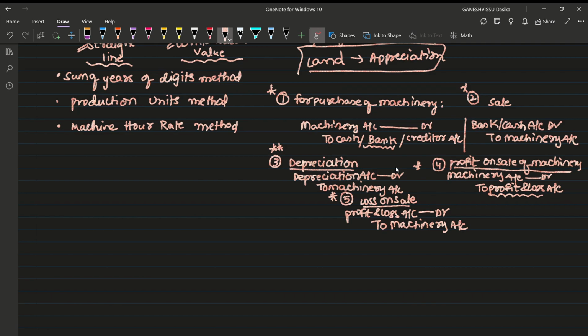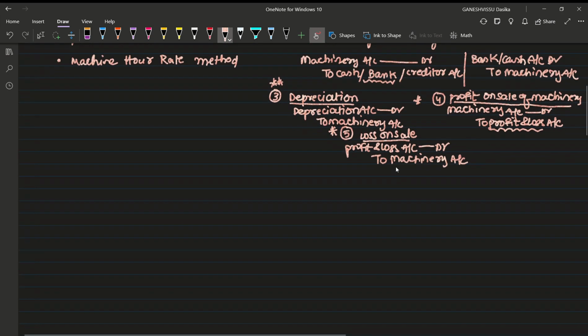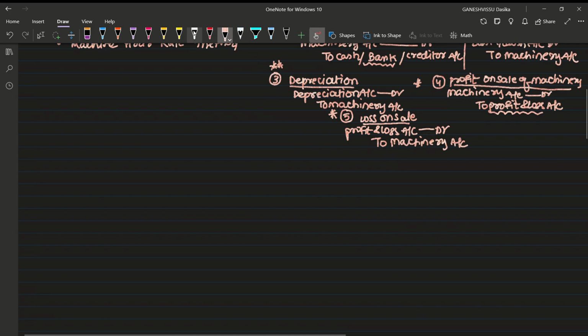Let us now start with the first method, which is the straight line method. In this method, we are going to charge the depreciation throughout all the useful life of the asset.